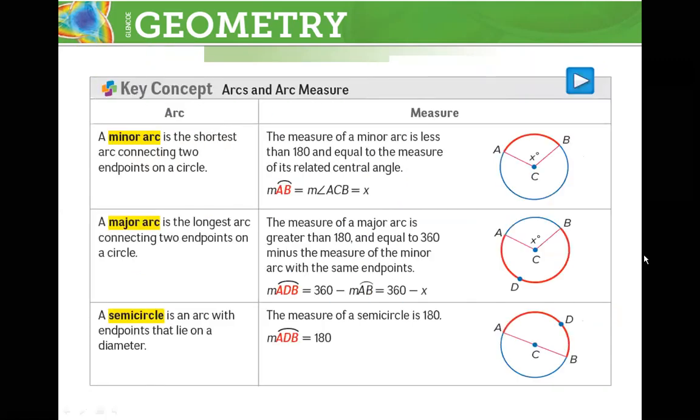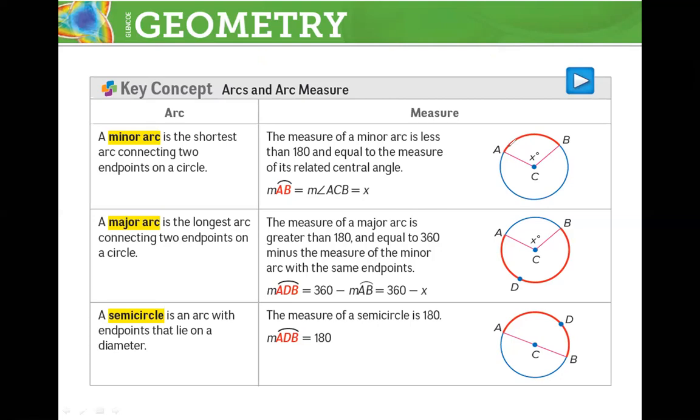Okay. The definition. We have here three important definitions, which are a minor arc, a major arc, and a semicircle. What is a minor arc? As you see in the drawing, the minor arc is an arc which is smaller than half the circle.